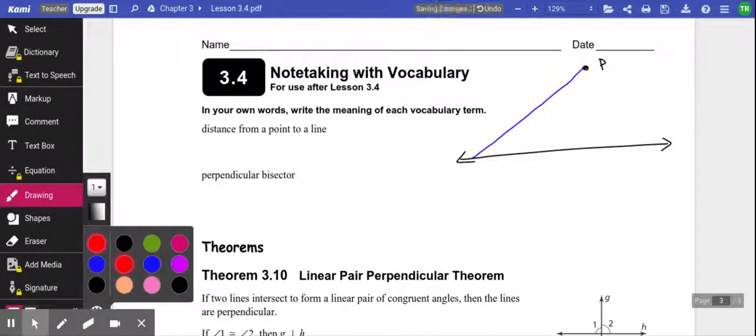Would you use this red line? Would you use this green line? Well, the line you should pick is the red. So when we measure the distance from a point to a line, we want it to be perpendicular. So we want it perpendicular to the line through the point.